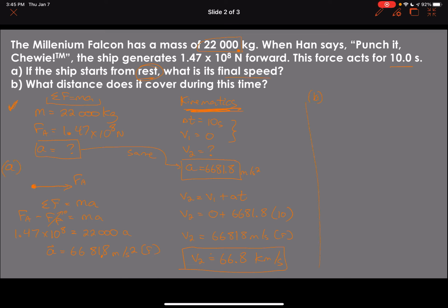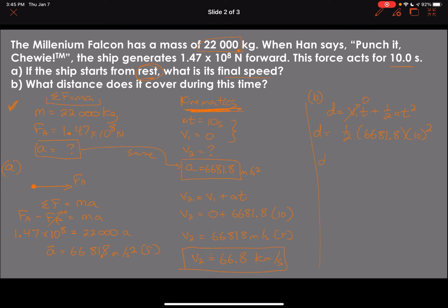Let's see if I can squeeze B right over here. What distance does it cover? Well, we're actually going to find displacement. We'll pull out the best friend equation because we always seem to use this one. V1 is still just 0. So 1/2 times acceleration, 6681.8, times time squared.